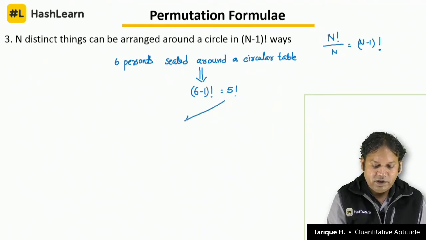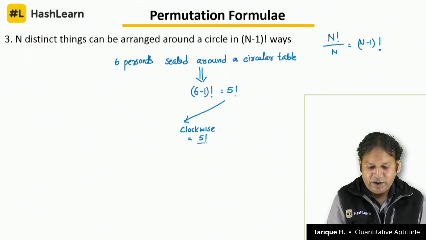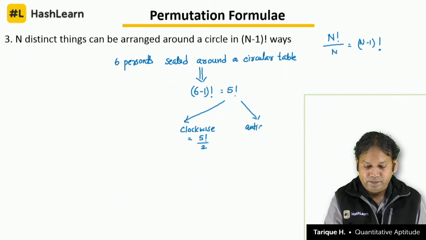Understand, half of this will be clockwise arrangements. So, if someone is asking how many clockwise arrangements are there, the answer would be 5 factorial by 2, and how many anti-clockwise arrangements are there, the answer would be 5 factorial by 2.